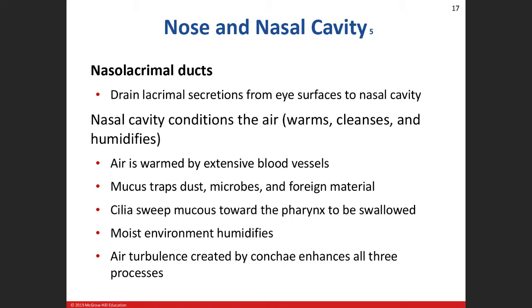So it needs to not only warm, clean, but also humidify the air because of the epithelium that lines parts of the respiratory system, especially as we get into the actual respiratory zone of your respiratory tract.